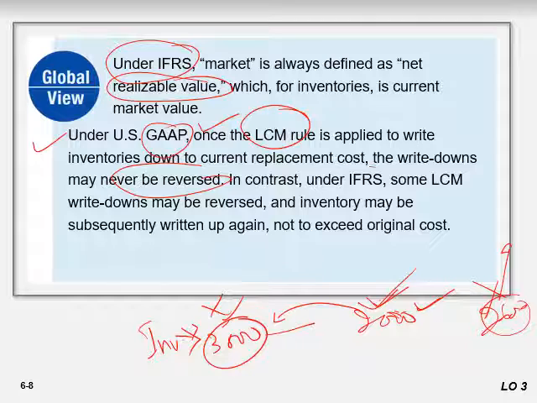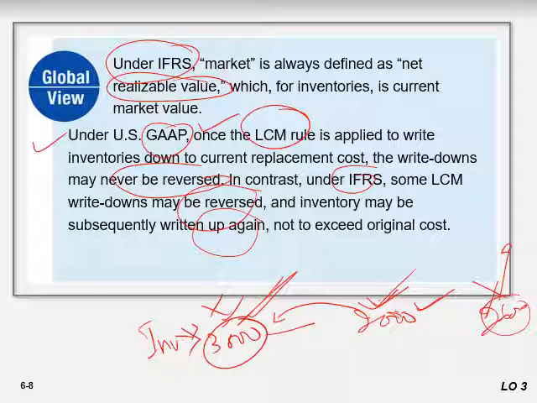In contrast, with IFRS, some lower of cost or market value write-downs may be reversed, and inventory may be subsequently written up again, not exceeding its original cost.